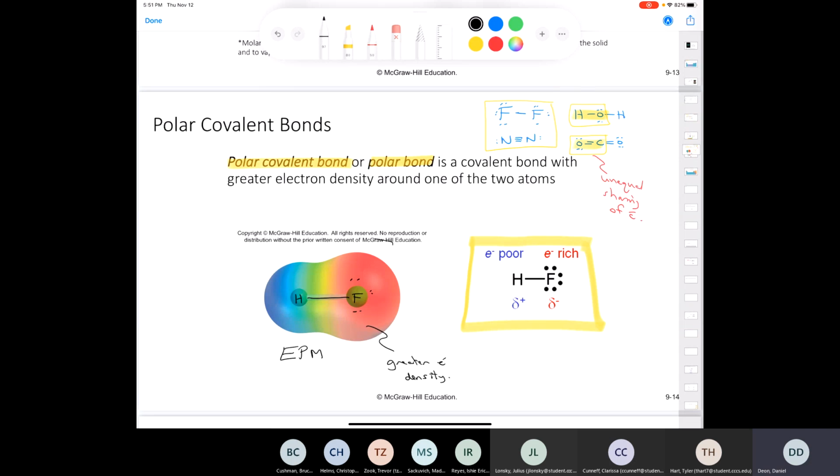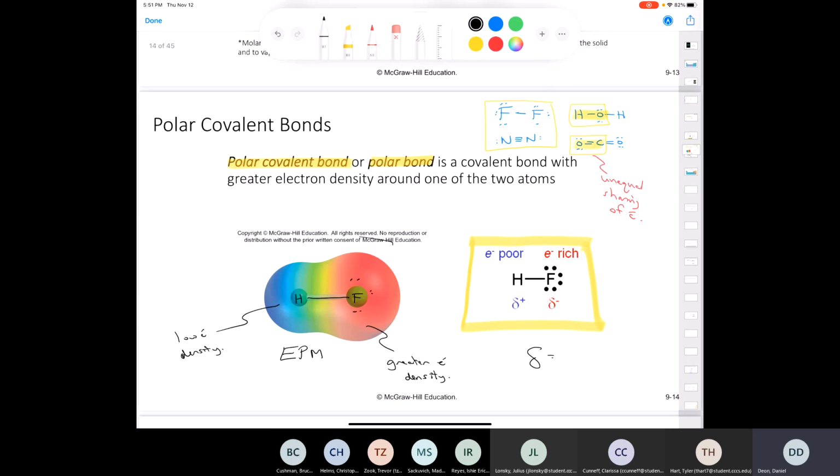So what you can see here in the electrostatic potential map is that there's a lot more electron density near the fluorine than there is near the hydrogen. In fact, the color blue means low electron density. Now, why would this be? Again, it's because the fluorine has a greater ability to pull electron density towards itself. Another way we could describe it is to say the hydrogen is electron poor and the fluorine is electron rich.